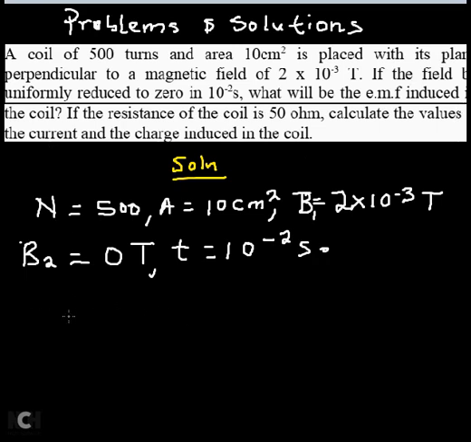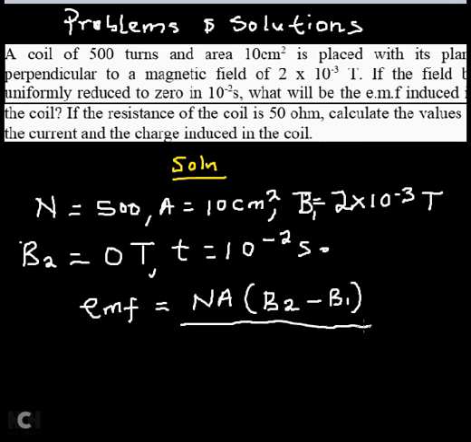So the question is, what will be the EMF induced in the coil? So simple. The EMF induced in the coil, you know that, is going to be the change in flux, which you've already evaluated to be equal to NA, then B2 minus B1, then divided by the change in the time.